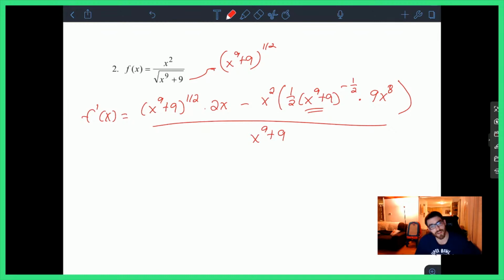This is the beginning of problem number 2. So now I just need to simplify it. That's all the calculus involved. Simplifying it. The only thing I'm worried about here, we got a negative exponent, and we got like terms here that we should probably combine. So let's see what we can do. I'll just bring the 2x in front, and then this is x to the 9th plus 9 to the 1/2 power minus, and then I'll multiply the 9x to the 8th and the x to the 2nd, giving me 9.